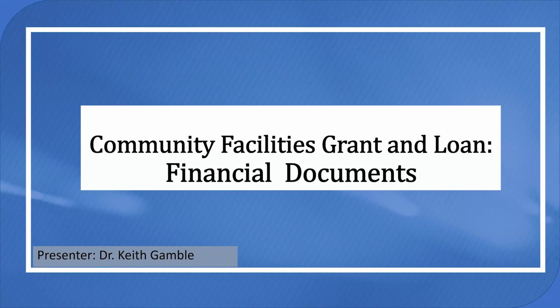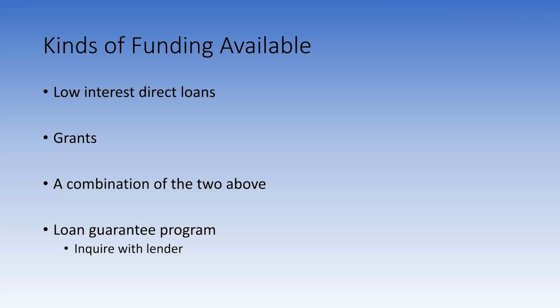Some of the financial stuff I think will be clear, but especially if you're less familiar with the process of applying for a federal grant and loan program like this, maybe some of the terms or the approaches aren't familiar. So I'll be talking about those things with you here.